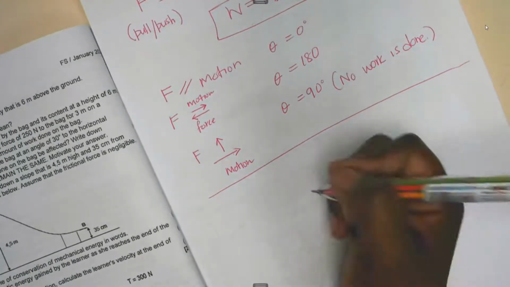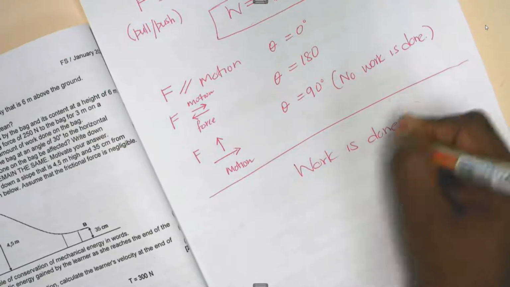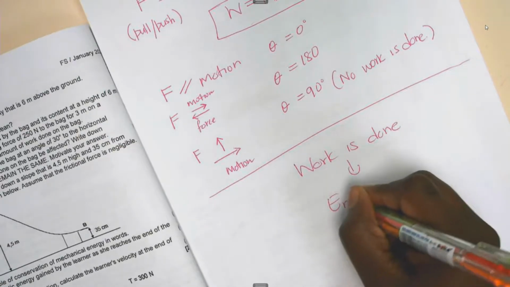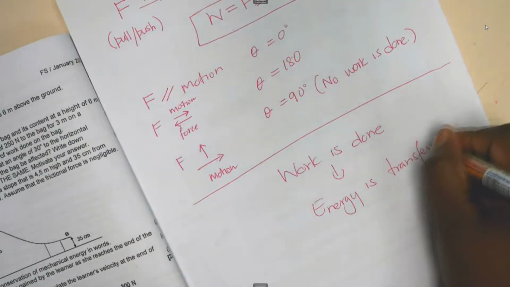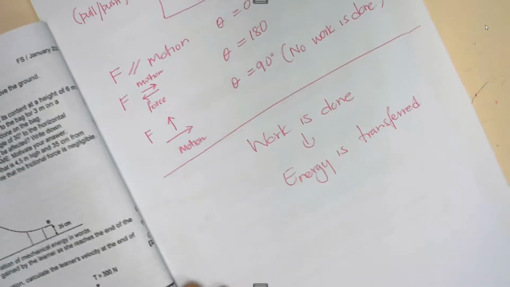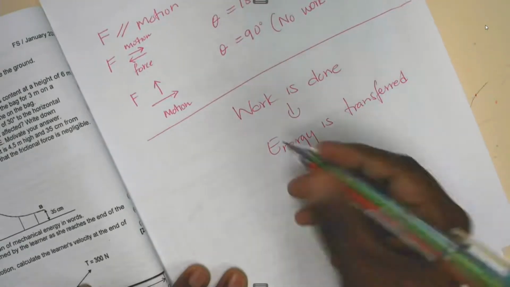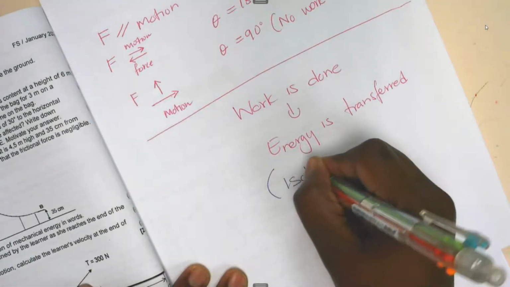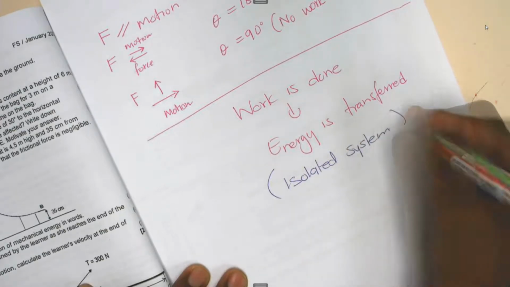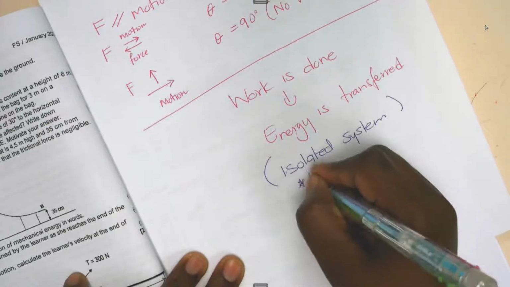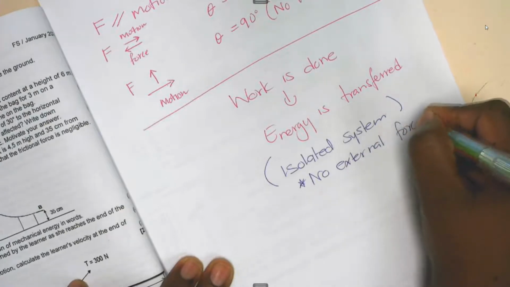Then we also said if work is done, then energy is transferred. If work is done, energy is transferred. Now, what you must note is that we are dealing with an isolated system. What this means is that there are no external forces.